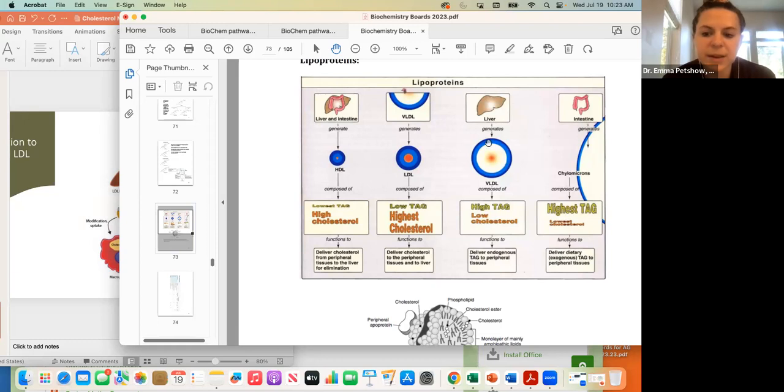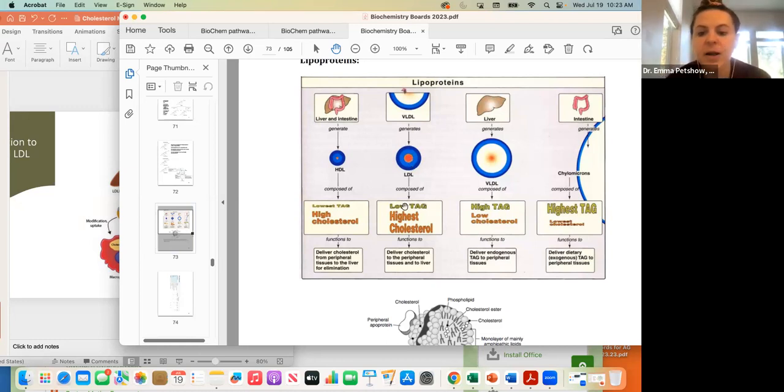This is really its purpose, VLDL, is to deliver endogenous, self-created triacylglycerols to peripheral tissues. So both chylomicrons and VLDL are delivering stuff to peripheral tissues. Chylomicrons are delivering TAG, and their source of TAG is exogenous, from what you eat. VLDL, its source of TAG is from your own endogenous production in the liver of essentially fatty acids bound to a glycerol backbone, triglycerides.